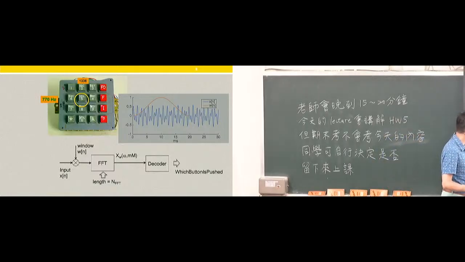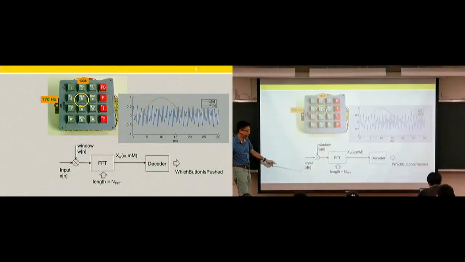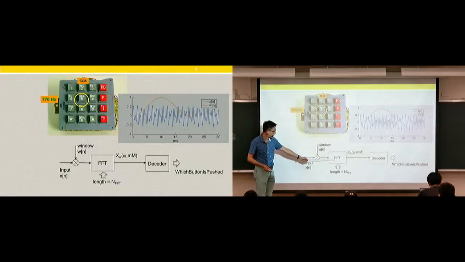So first, we would take the input and discretize it into digital format, and then we apply a window. The window has a length. And then we use what we learned last week, the fast Fourier transform, to go to the frequency domain computationally.